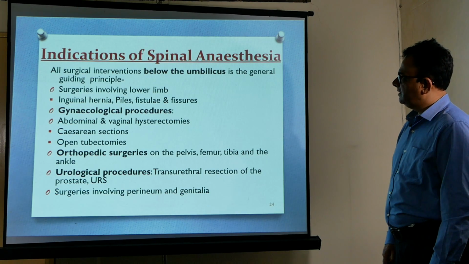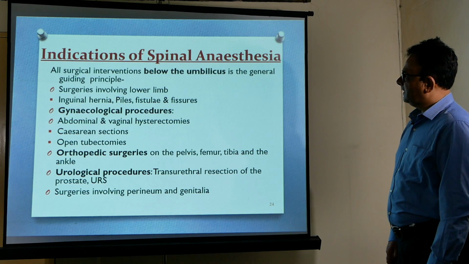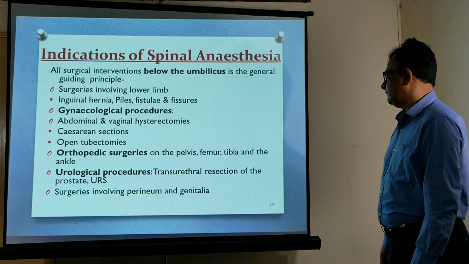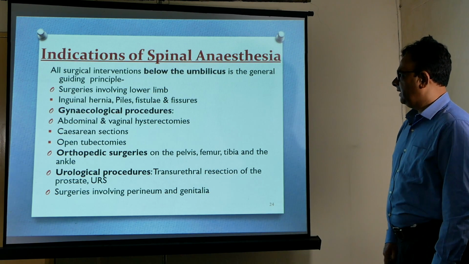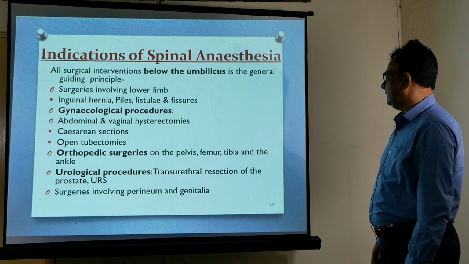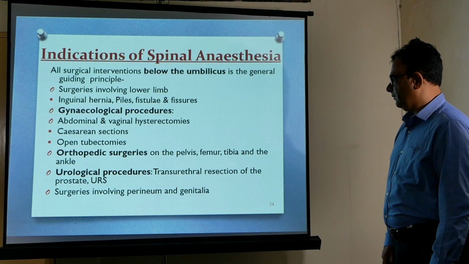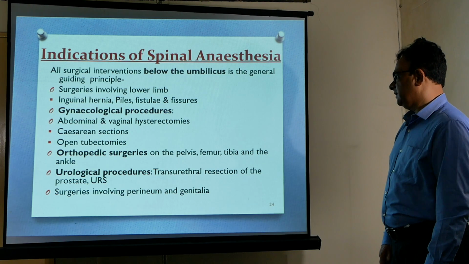Now, indications of spinal anesthesia. All surgical interventions below the umbilicus is the general guiding principle. There are surgeries involving lower limb like inguinal hernia, piles, fistula, and fissures. Gynecological procedures like abdominal and vaginal hysterectomies, caesarean sections, open tubectomies.